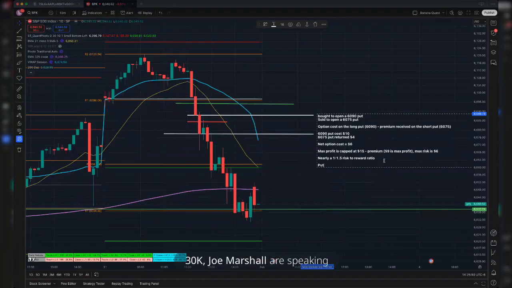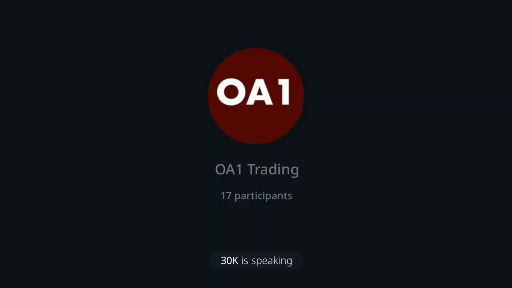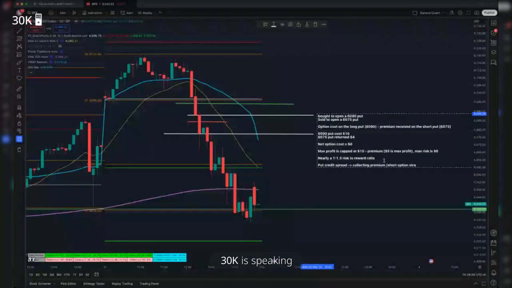All right, so put credit spread, the play is collecting premium, right? So you essentially have a short option strategy, and your max profit is through premium collection. On a put debit spread, you need to have intrinsic value, right?